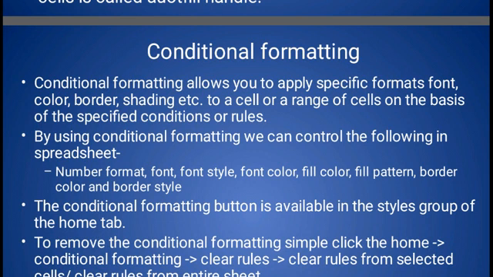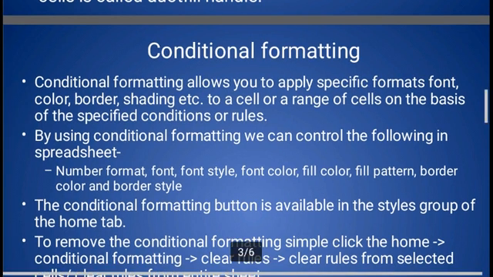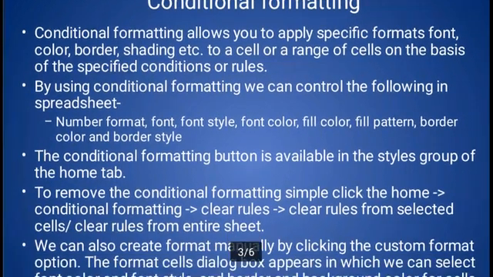So conditional formatting allows you to apply specific formats, font, color, border, shading, etc. to a cell or a range of cells on the basis of a specified condition or rules. Okay, by using conditional formatting, we can control the following in the spreadsheet. Which thing we can control? We can control number format.